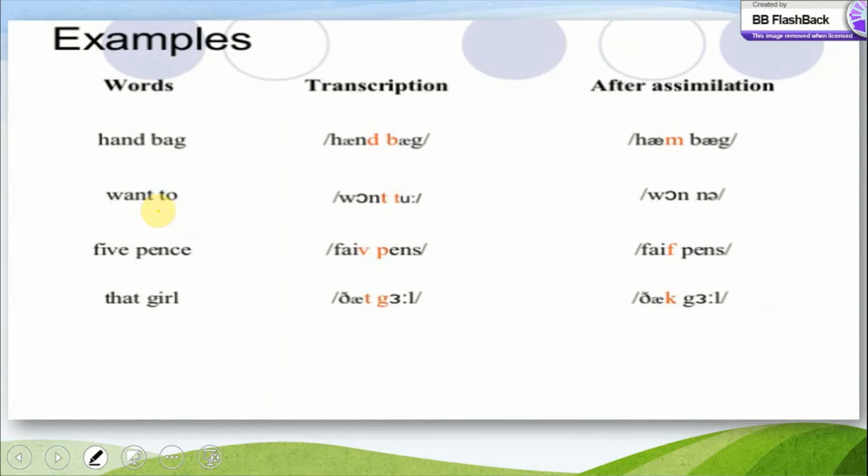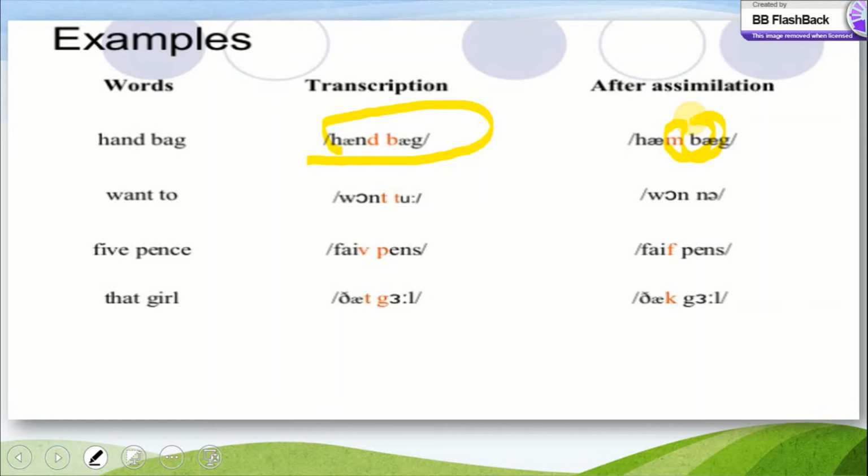A few examples for your understanding. We have words, then the actual transcriptions, and then we will assimilate them. Words like handbag. The actual pronunciation is handbag, but after assimilation we produce handbag, because we are taking the property of the b sound into the previous sound, the d.